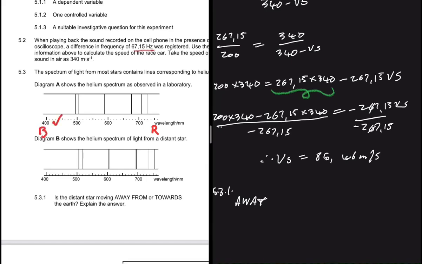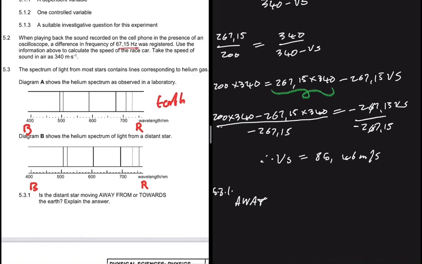We have 400 here, and here we have 700, right? So here on Earth, that's our spectrum. And then in our distant star, you can see that the spectral lines have shifted towards the red end. So it is moving away because of that.